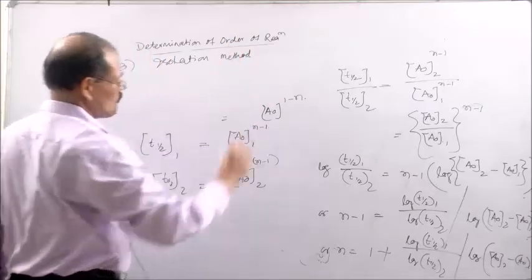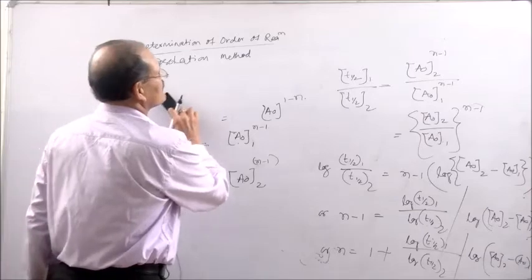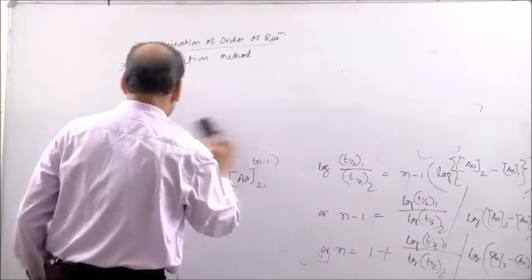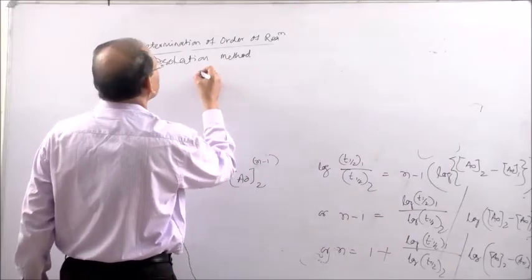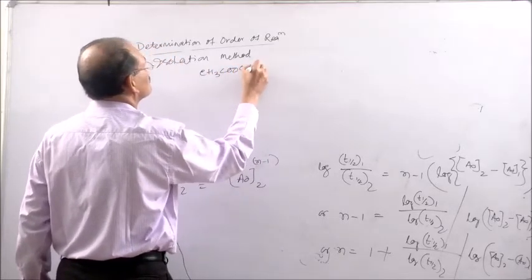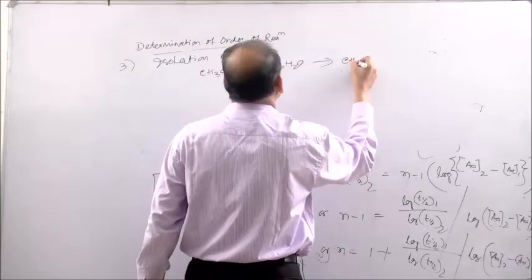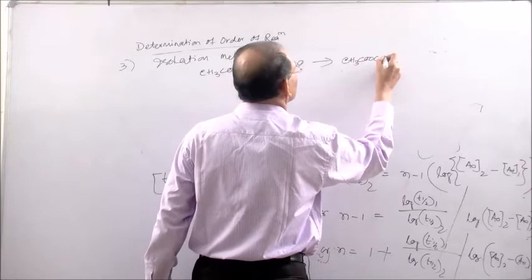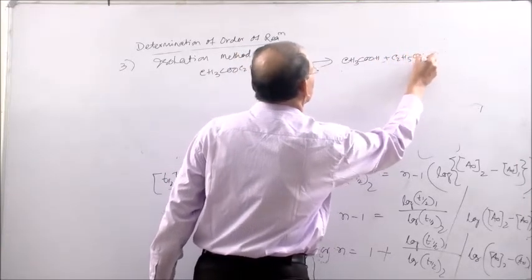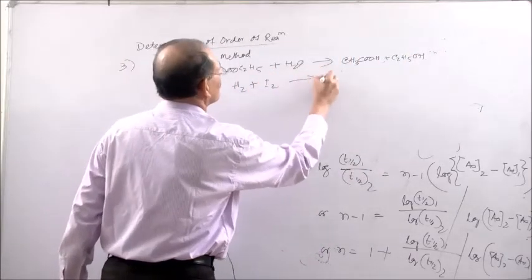So, in all the cases we have to find out the order of the reaction of unknown order, that is nth order. So, let us take a reaction forming hydrogen iodide, 2HI.